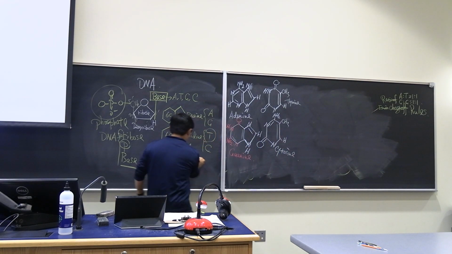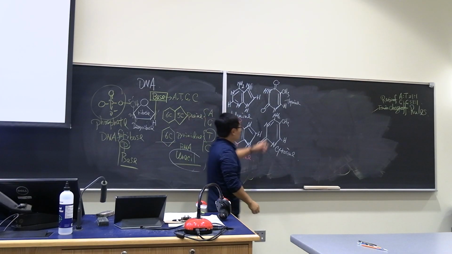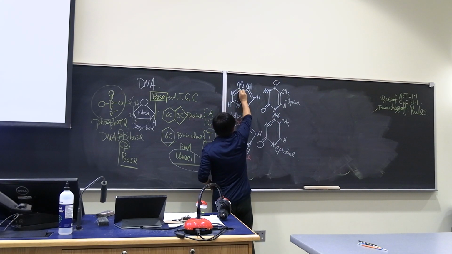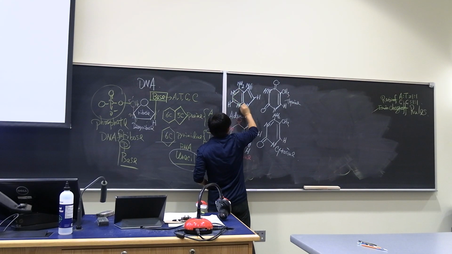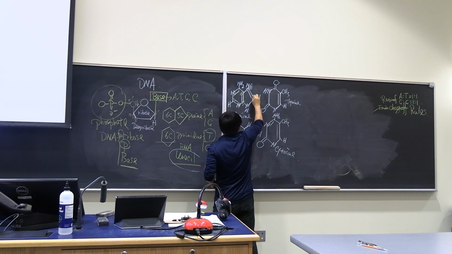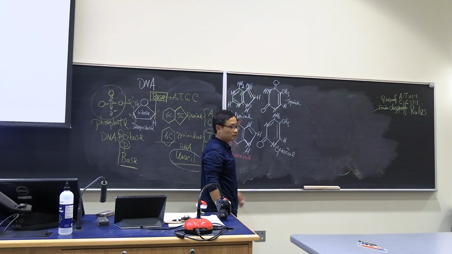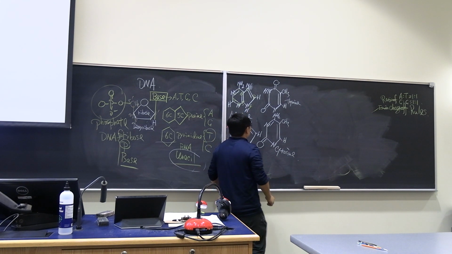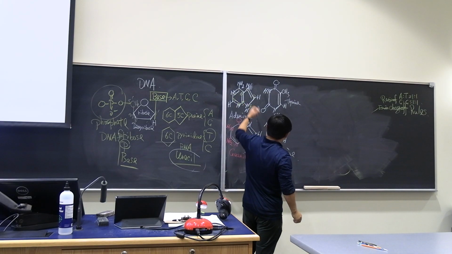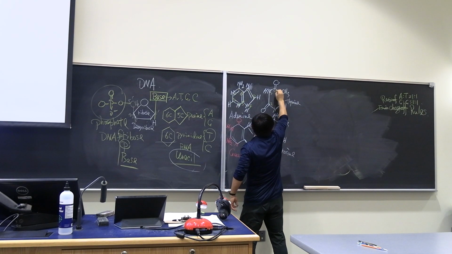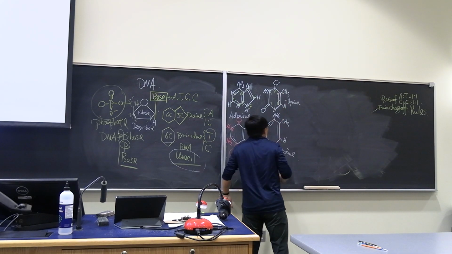Now, what is uracil? How do we label here? 1, 2, 3, 4, 5, 6, 7, 8, 9. So remember, ATP is connected at the 9 position of the adenine. How about here? 1, 2, 3, 4, 5, 6.